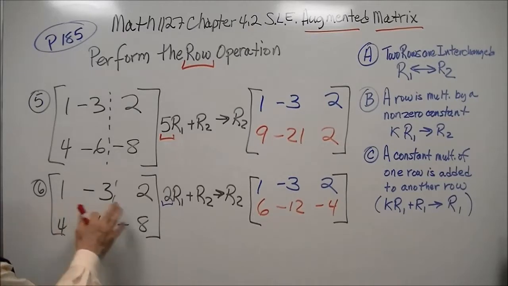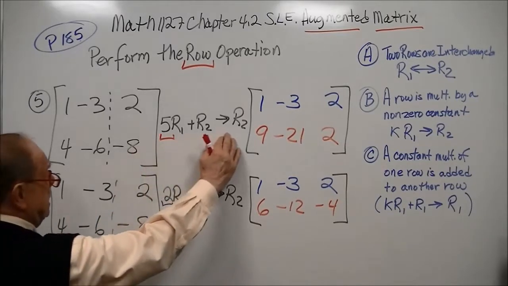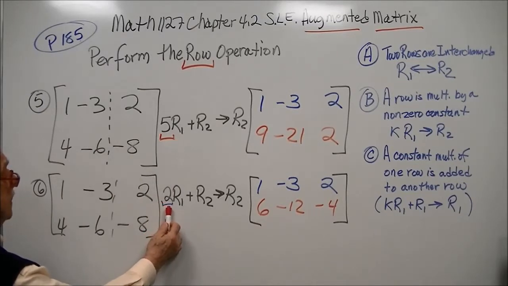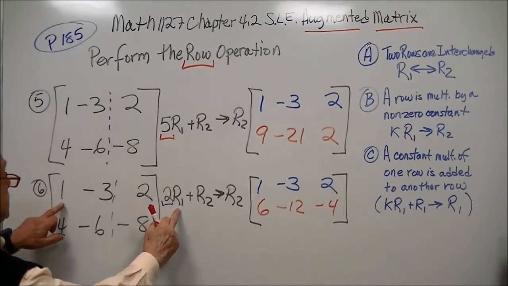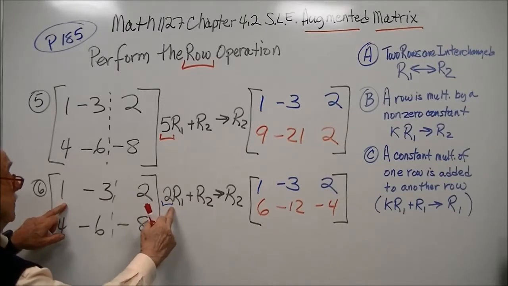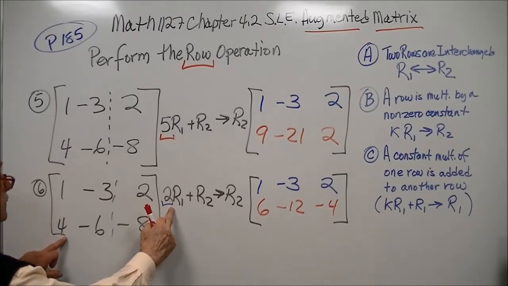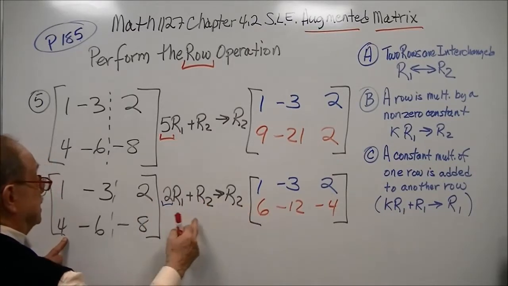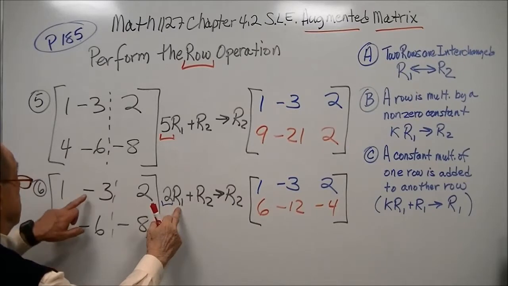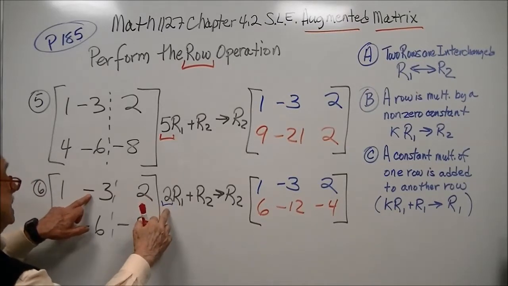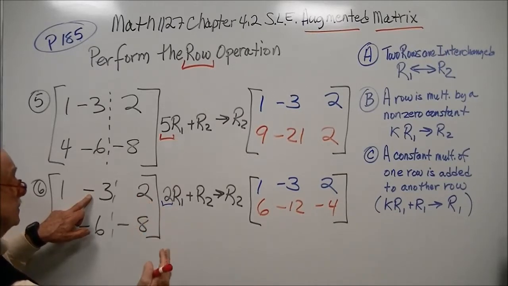In example 6, it's basically the same form, except our constant now is a 2. So 2 times 2 times 1 is 2. Add it to 4, gives you a 6, and replace row 2. 2 times a negative 6, 2 times negative 3 is negative 6.